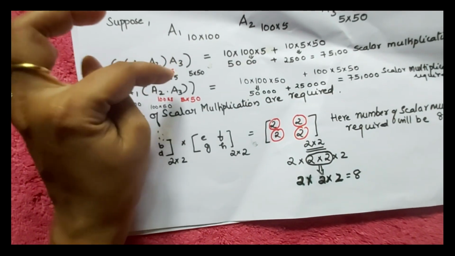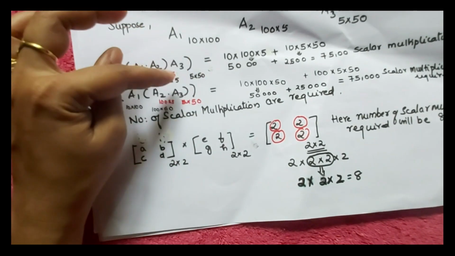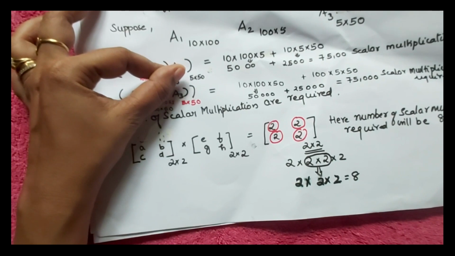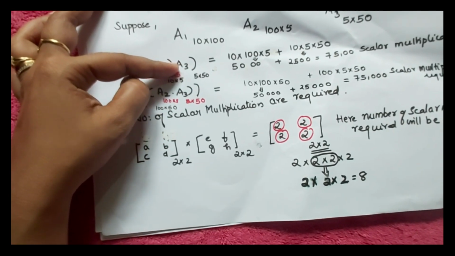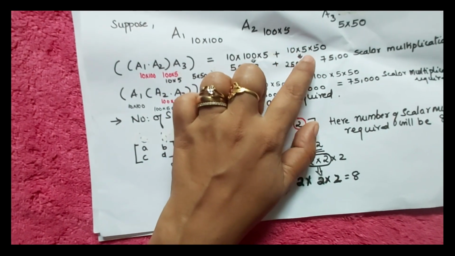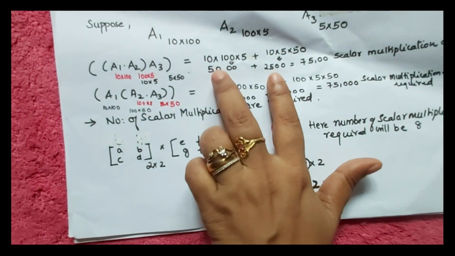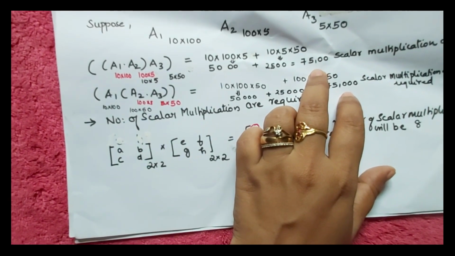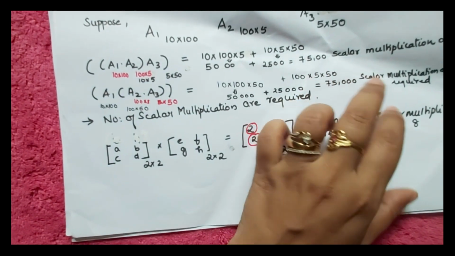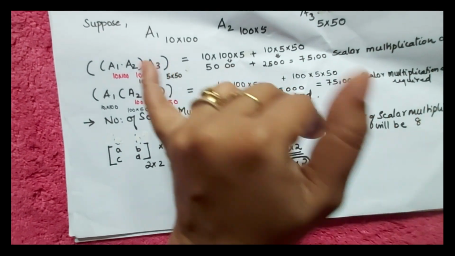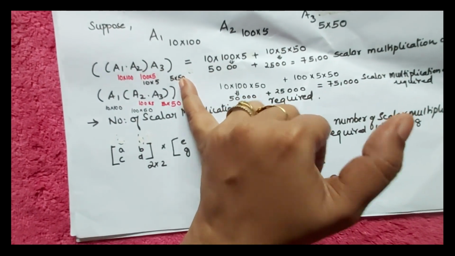A3 is 5 into 50. So now this order is 10 into 5 and this order is 5 into 50, so we write 10 into 5 into 50, which is 2500. You add them together, 5000 and 2500, and you get 7500. So 7500 scalar multiplications are required if you write it like this.